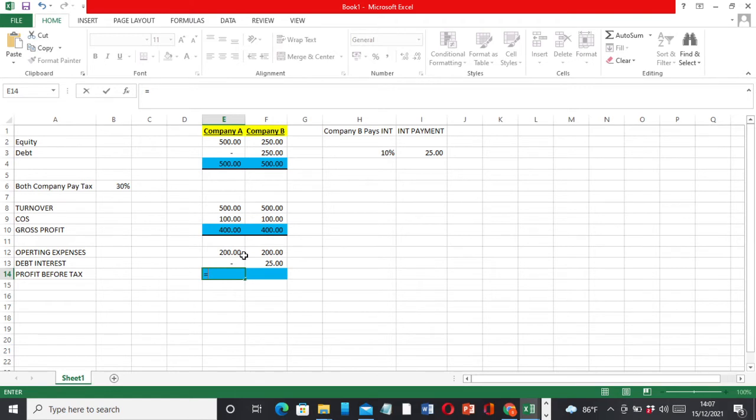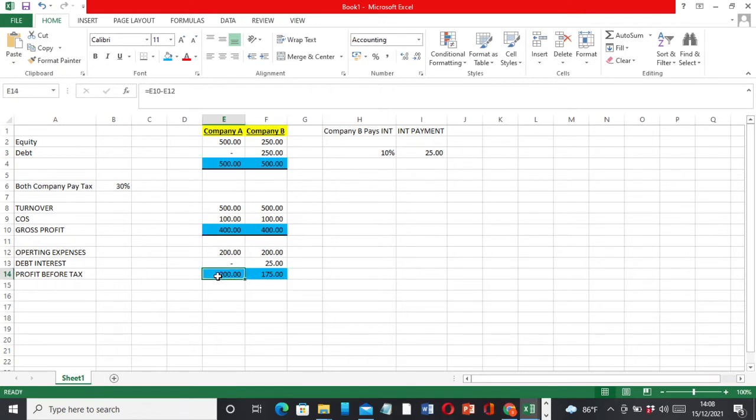Let's get your gross profit minus your operating expense of 200, because there's no debt interest. It comes to 200 profit before tax. So let's total up the gross profit here, minus the 200, minus the debt interest. This is where things start to change.